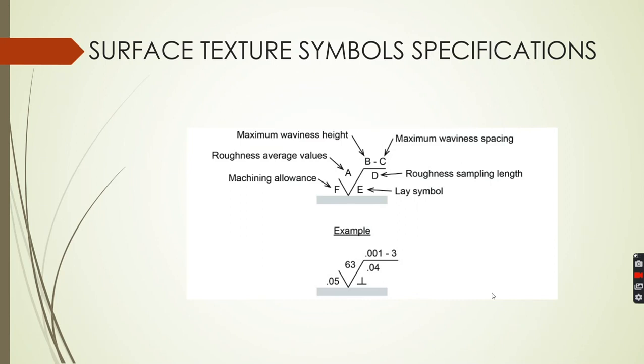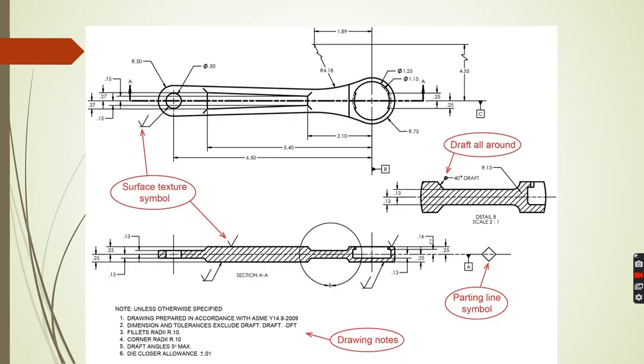Okay, we have different specifications like the maximum waviness height, maximum waviness spacing, the roughness values, the machining allowance, roughness sampling length, and the lay symbol. And that again is way beyond what we can go over in this class.